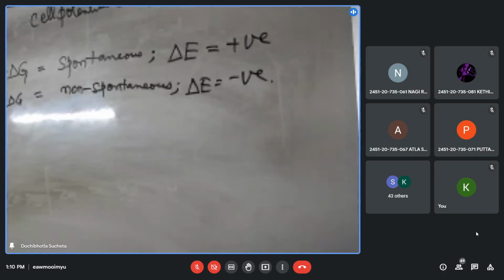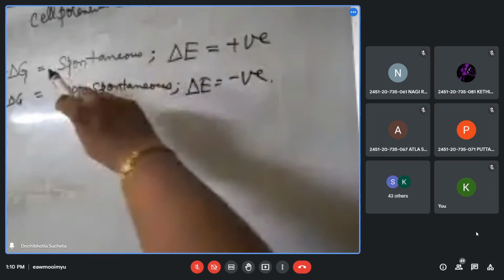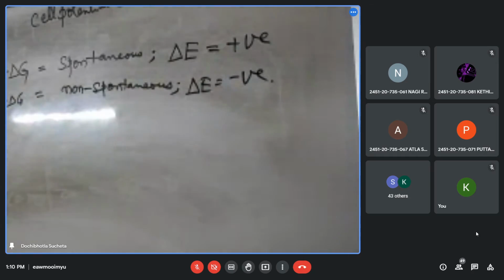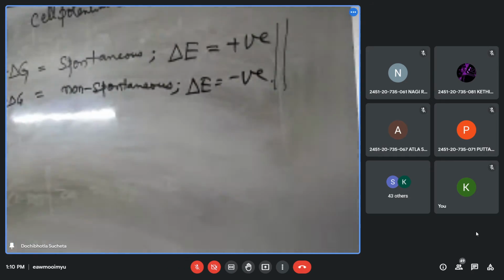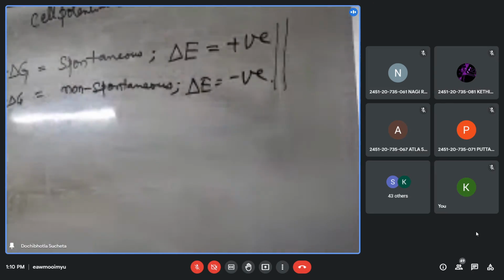So in a spontaneous chemical reaction, there is always delta E which is positive, and delta G is always negative, and vice versa. That means they are in inverse proportion. That's the first one.